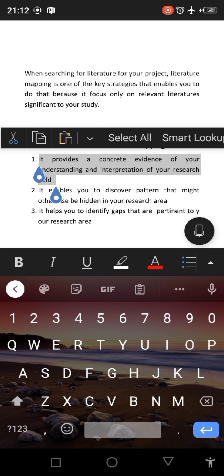Because before you download a journal and you are certain that it is relevant, you understand? At a glance, you should be able to ascertain that a journal is relevant. Then you now start evaluating them into different sections.